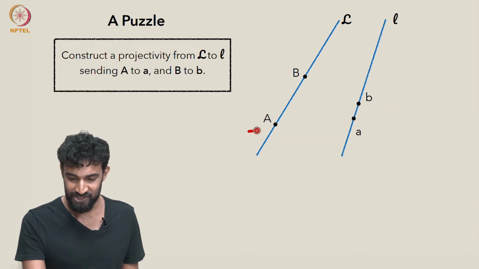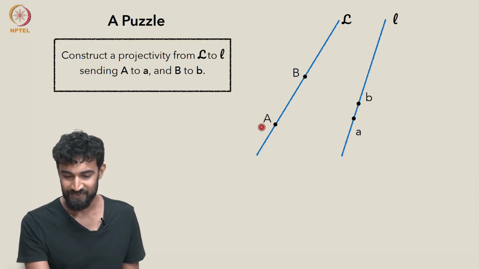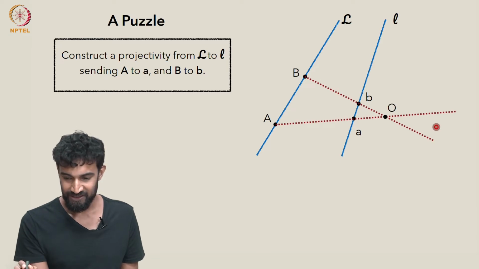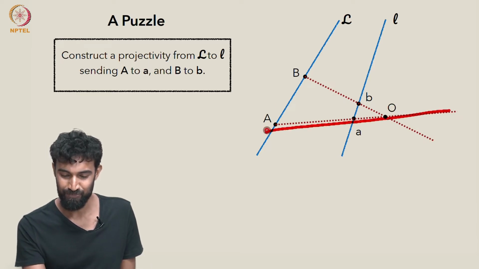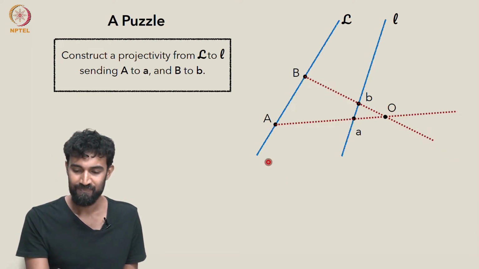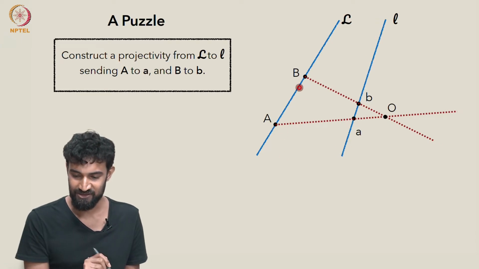Well, we want to send A to a and we want to send B to b, so the simplest way, let's just draw those lines out and see where they meet. They meet at this point, which we'll call O, and if we imagine a perspectivity through O from L to l, where is it going to send A and where is it going to send B?